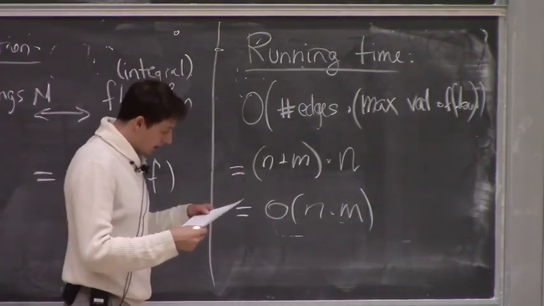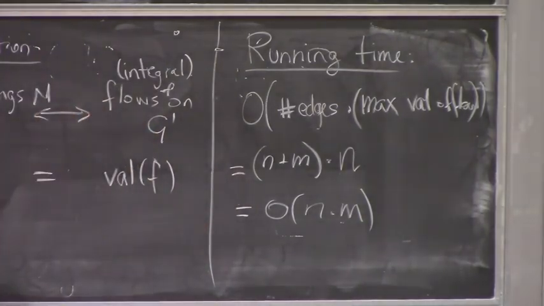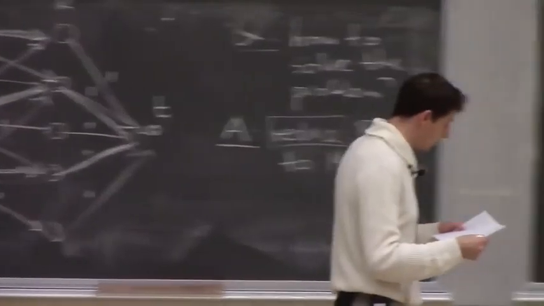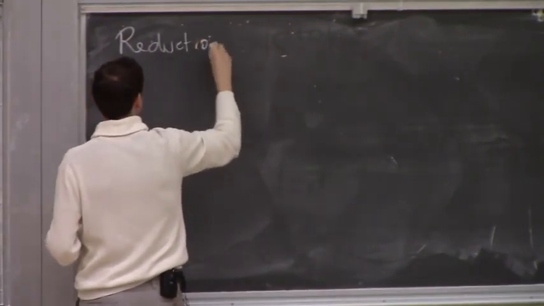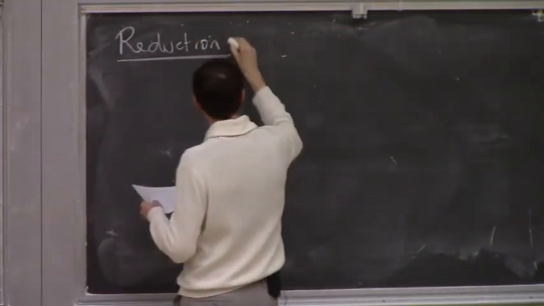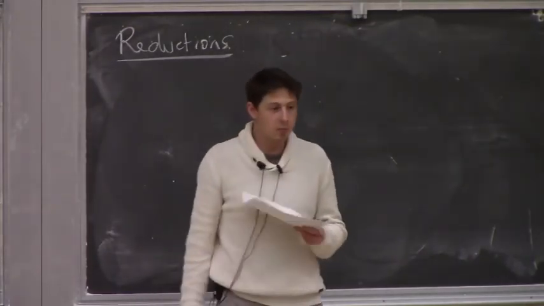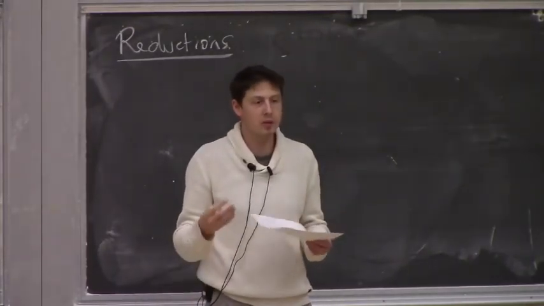Okay. So why did we talk about this today? First, there's a cute construction where you can use flows to solve a non-flow problem. But that's kind of the theme of what we want to do the rest of today and for the next few lectures. We're going to talk about this notion of reductions, that sometimes a computational task is what we call expressive.